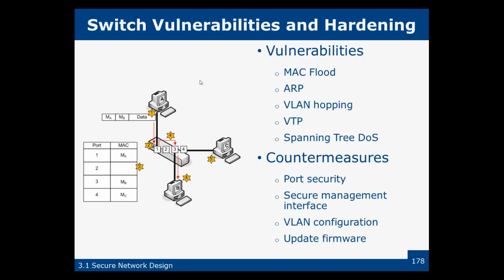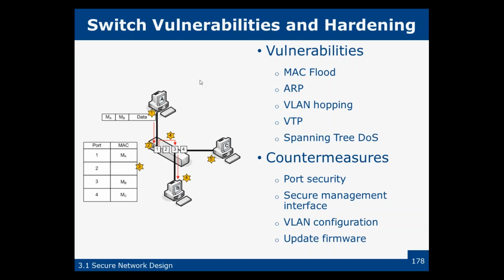And then spanning tree, denial of service. Spanning tree is used to allow us to have physical loops by disabling one of the ports and breaking the loop, so that if something happens in our system, we can then bring that port up and continue to communicate.